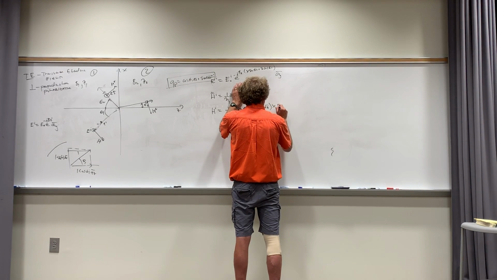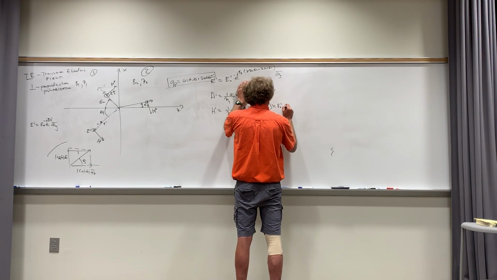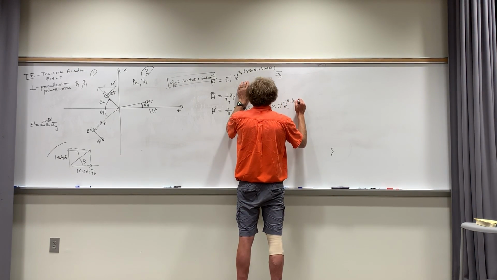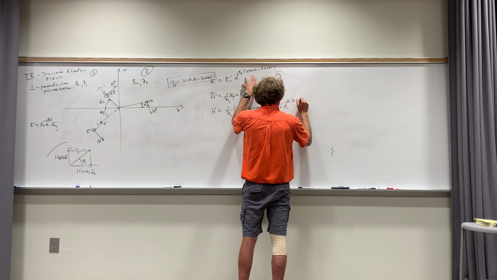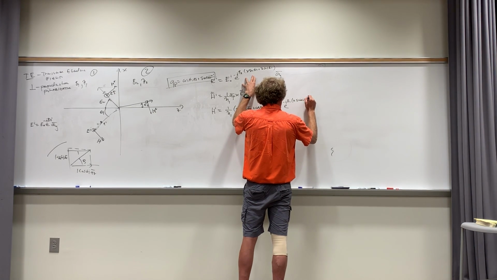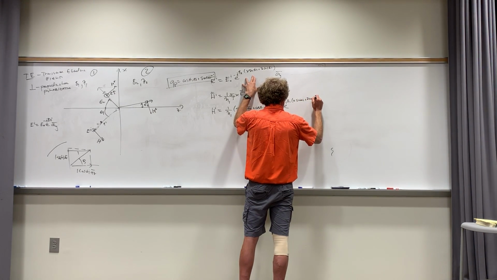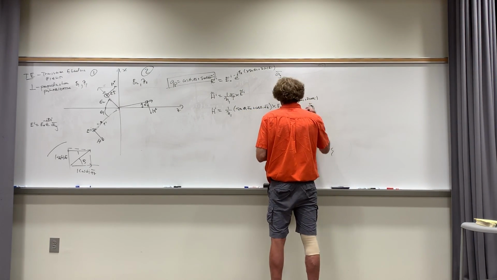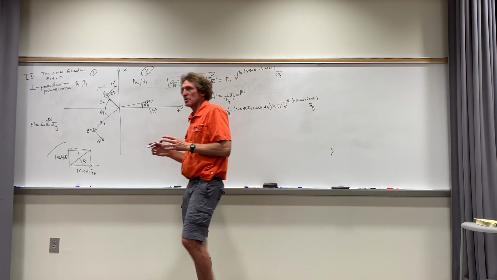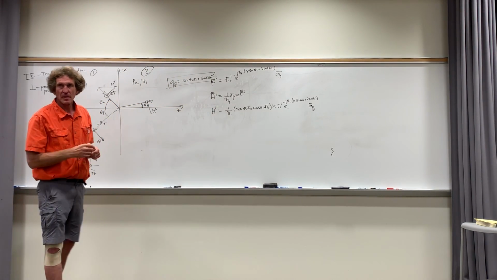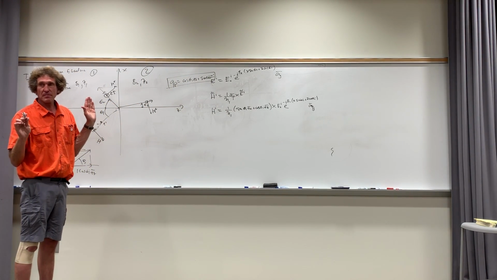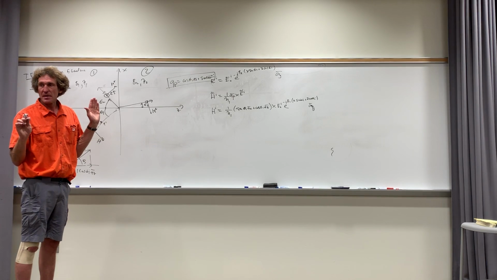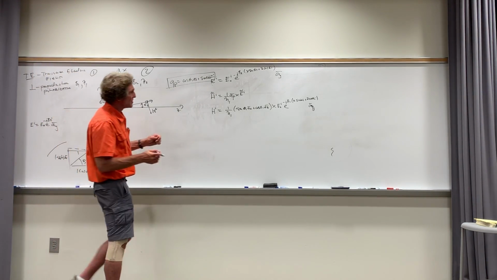So it's E naught incident, and it's e to the minus j beta 1 x sine theta plus z cosine theta incident, and that's in the AY direction. This is a little messy. It's bookkeeping, but you got to do it. Remember, these are plane waves, right? Are you with me? Now keep going on this one.